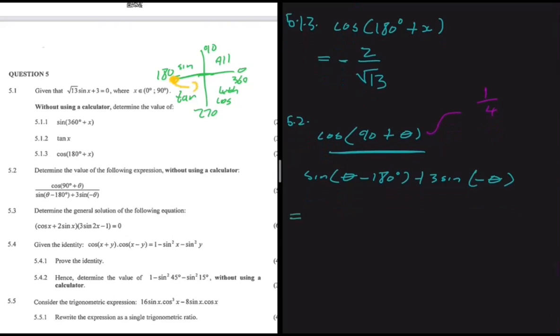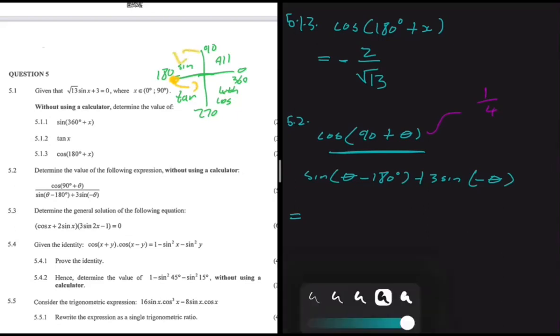So this will be equal to, we have cos of (90 plus theta). As soon as we see cos of 90 plus, we know that it's going to change to sine. Let's just keep that in mind first. But then is cos positive or negative in the second quadrant? Because we have a 90 plus, we move into the second quadrant.